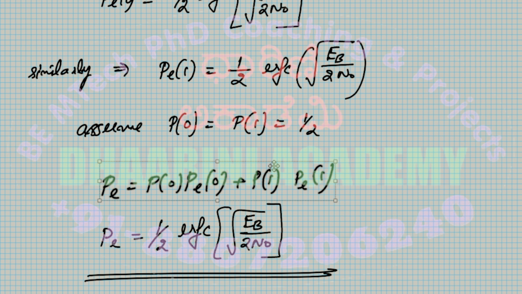Second term is also 1 by 4. So 2 times 1 by 4 gives you once again 1 by 2. So that is the total probability of error that you are going to get for the FSK. Okay. So I think we covered the majority of the portions in the revision as well.